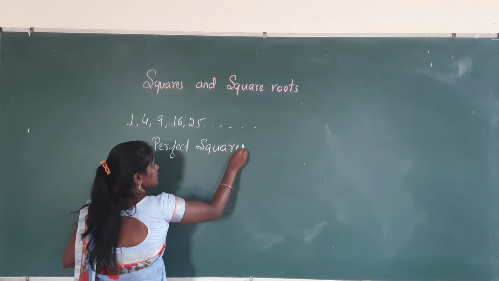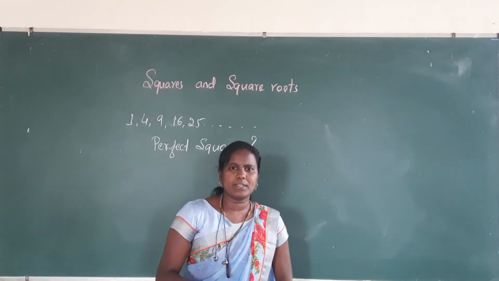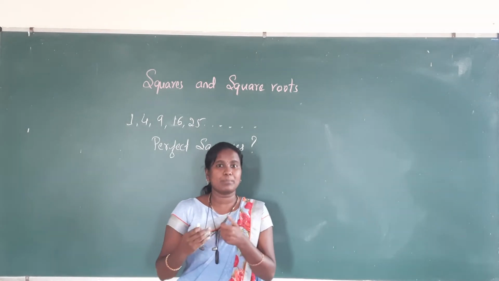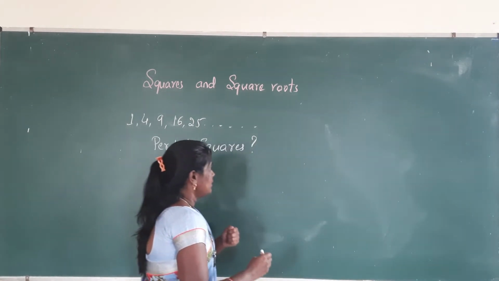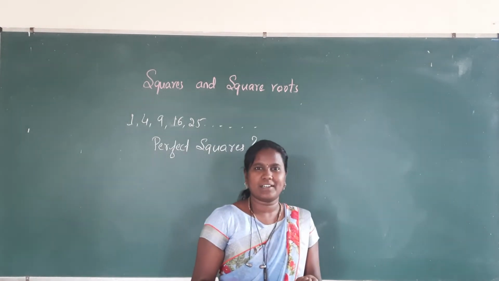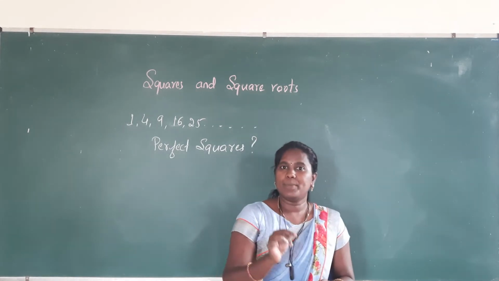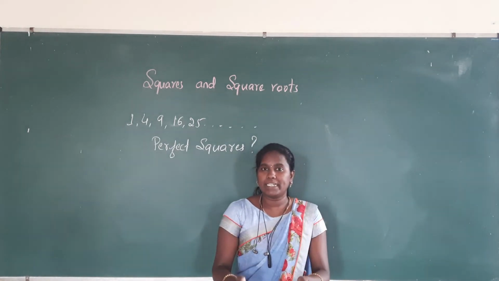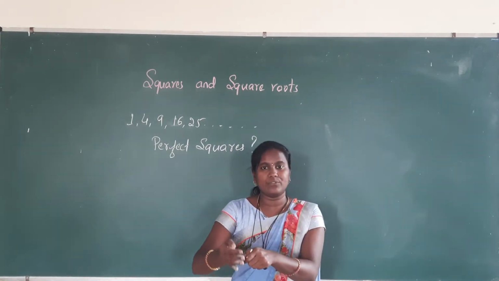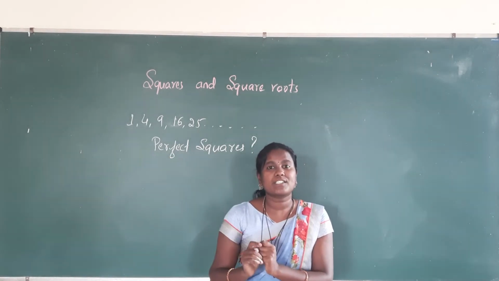Why are these called perfect squares? These are nothing but square numbers. So what is the square? It is nothing but when we multiply a number with itself, the product you are going to get is the perfect square.